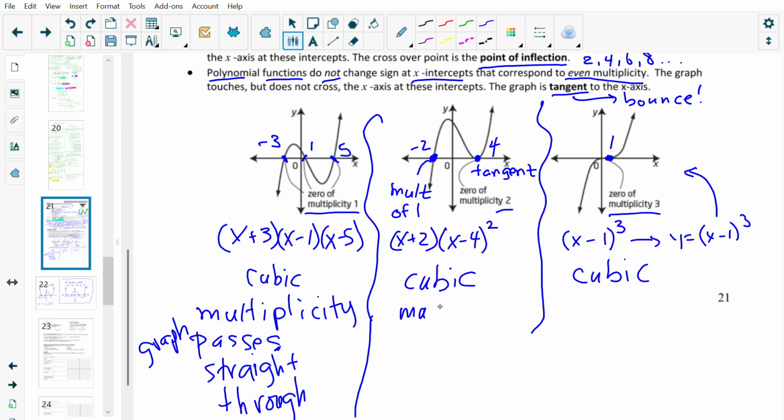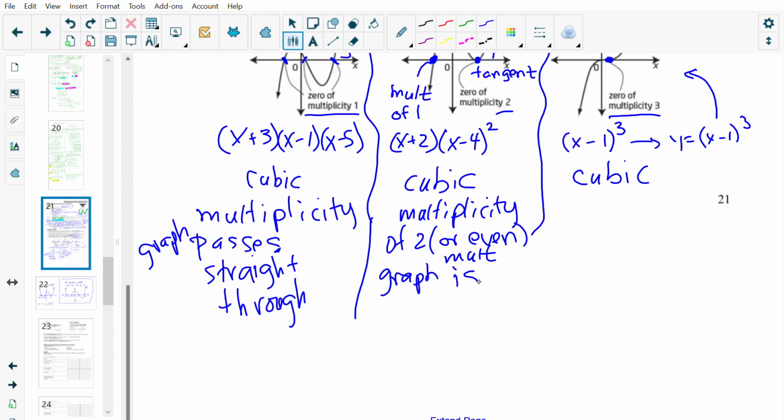Multiplicity of 2 or an even multiplicity, the graph is tangent to the x-axis. Okay, and that's what we saw.